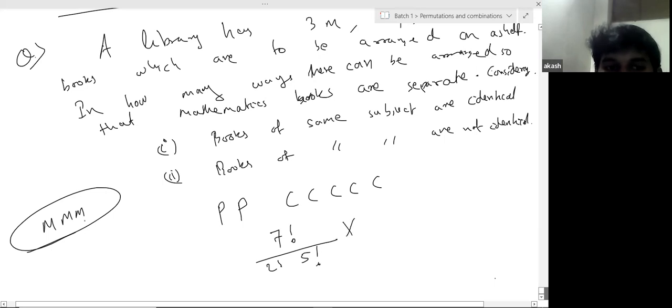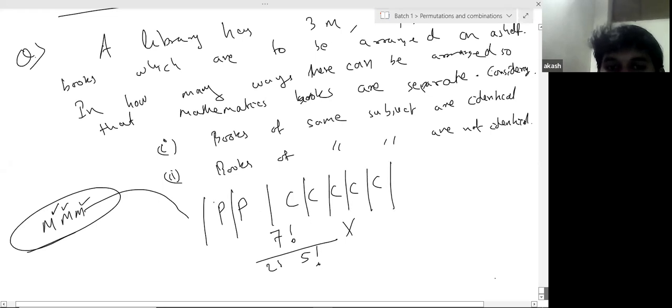Now the question says I need to keep them separate, right? So what I want to do is put them in these gaps between the letters. So how many gaps do I have? 1, 2, 3, 4, 5, 6, 7, 8. 7 letters, so 8 gaps.